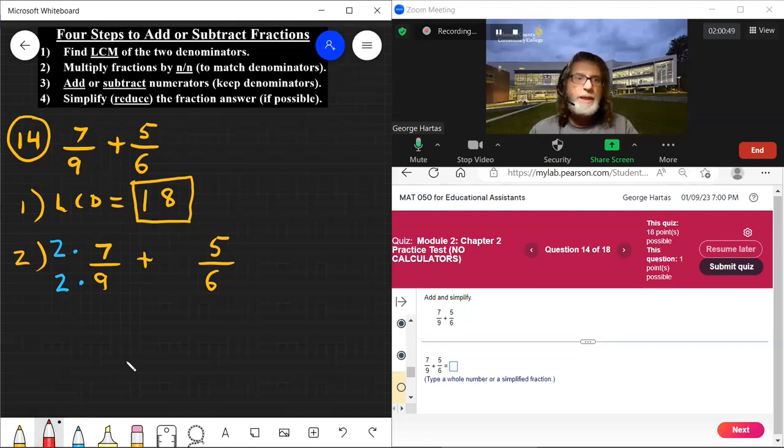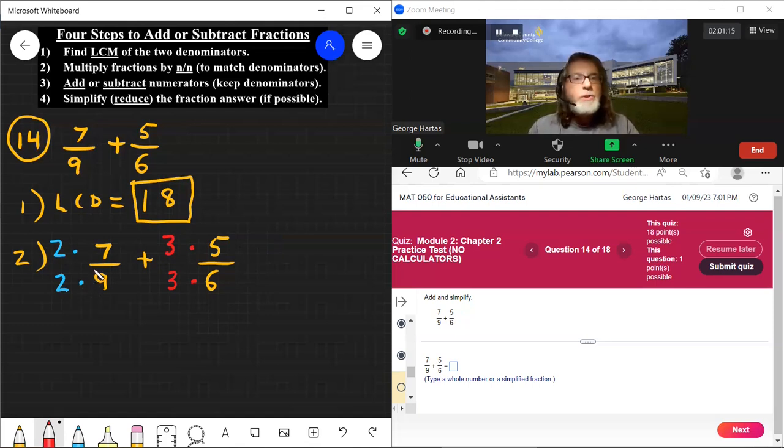Okay, so we'll do the same thing to this fraction. Put a multiplication dot. Ask yourself, what times 6 is 18? And that would be 3. If the bottom number is 3, the top number has to be 3. Now, sometimes I get asked this question: how come these numbers are not the same and they're different?